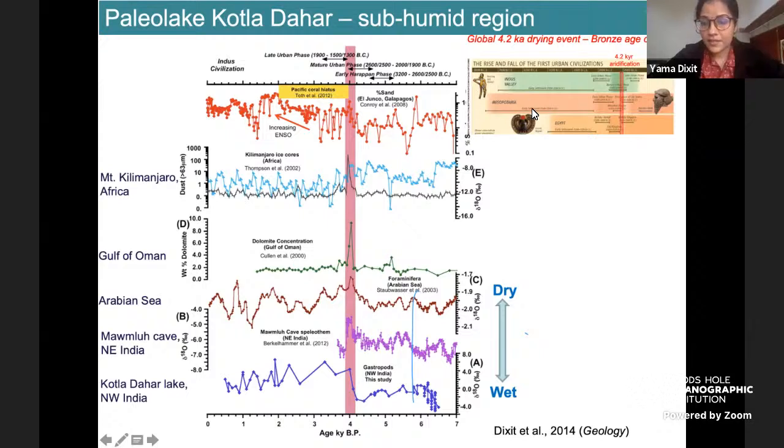The other Bronze Age civilizations, Mesopotamia and Egypt, also report this sort of cultural transformation, or I would say deterioration of urbanism, around the same period, 4.2. So it is now regarded as a global 4.2 drying event, and it played a role in the evolution of Bronze Age civilizations.